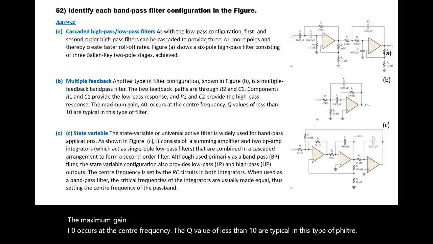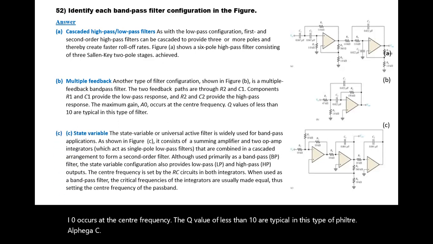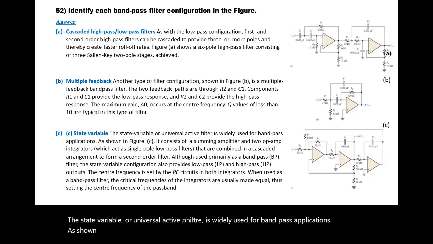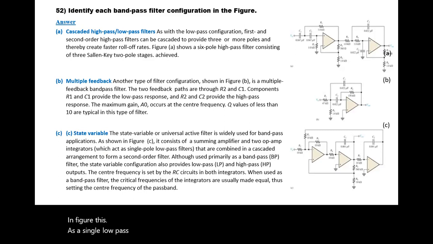Now figure C, it's a state variable filter. A state variable or universal active filter is widely used for bandpass applications. As shown in figure C, it consists of a summing amplifier and two op-amp integrators, which act as single low-pass filters that are combined in a cascade arrangement to form a second-order filter.